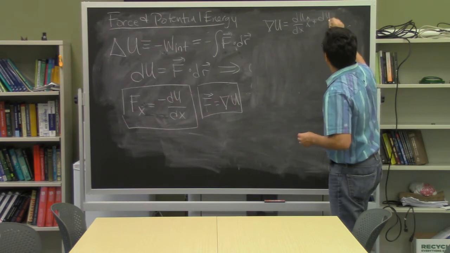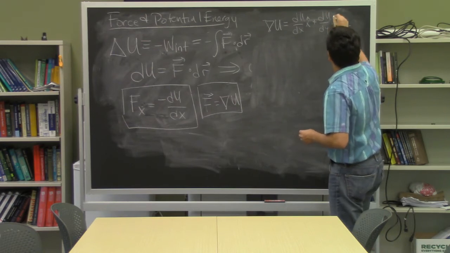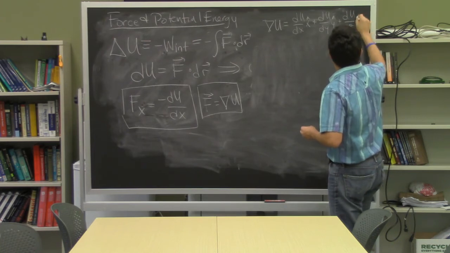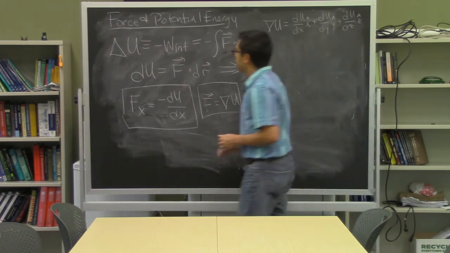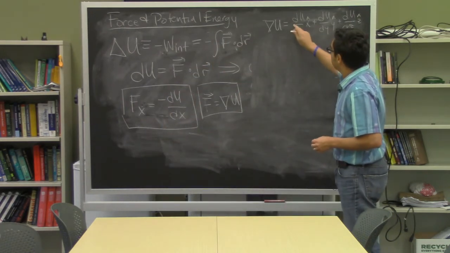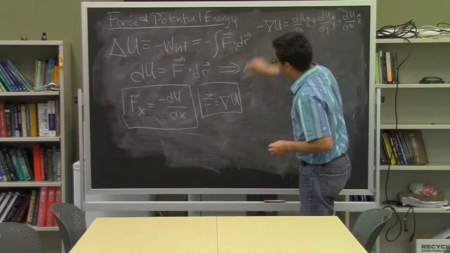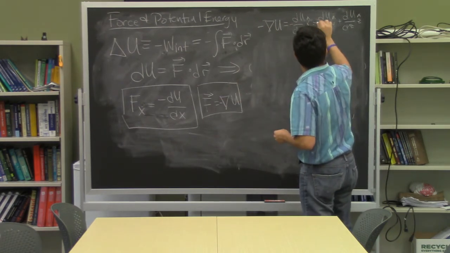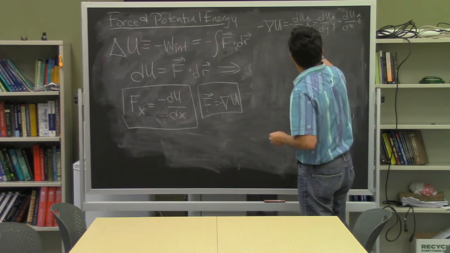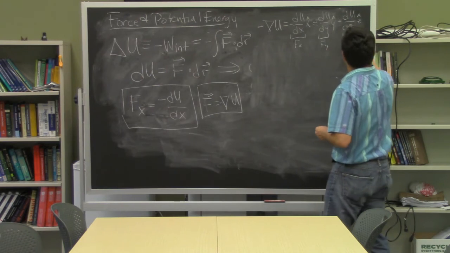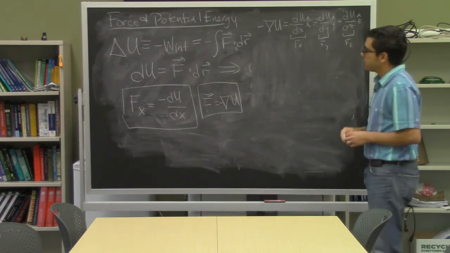I'll take the y derivative, multiply that by y hat, and take the z derivative and multiply that by z hat. So this would give me the force on the object in each direction. So the negative of this, the negative gradient of this, oops, missed the negative sign out here. The negatives on all these give me the components of the force in each direction, Fx, Fy, and Fz.